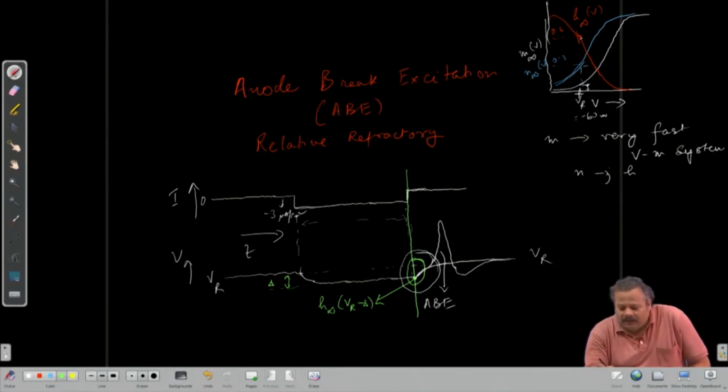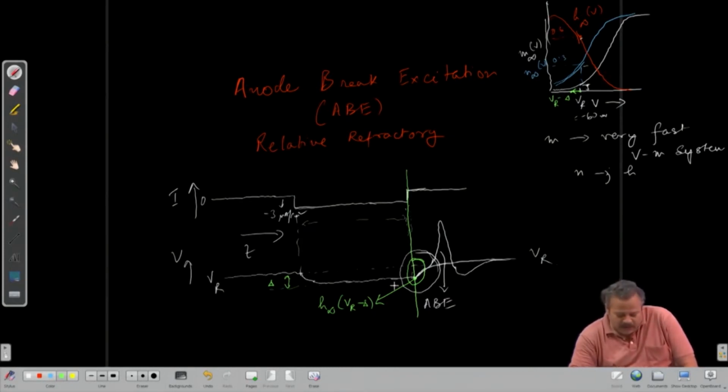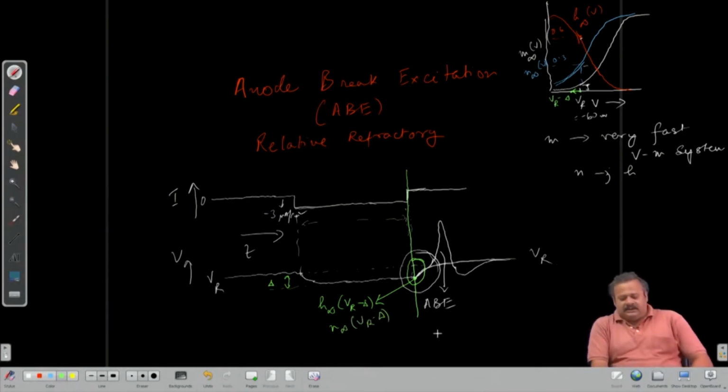So if we consider the curve, we have moved the system down to VR minus delta. And at the same point, n is at n infinity of VR minus delta, that is the steady state value of H and n at that particular voltage.